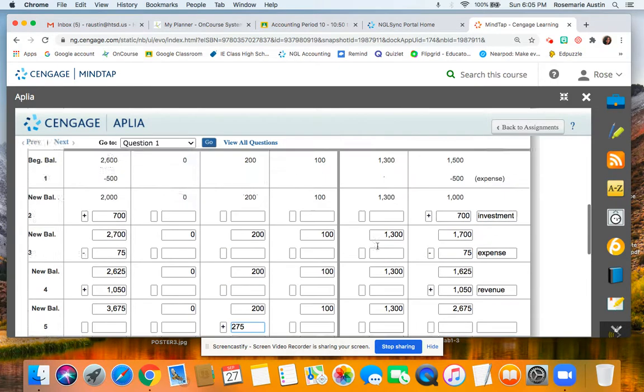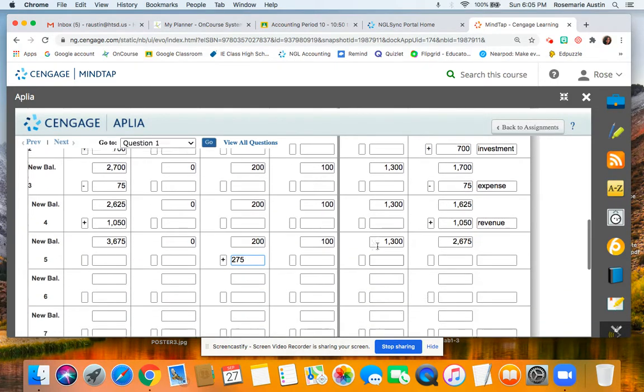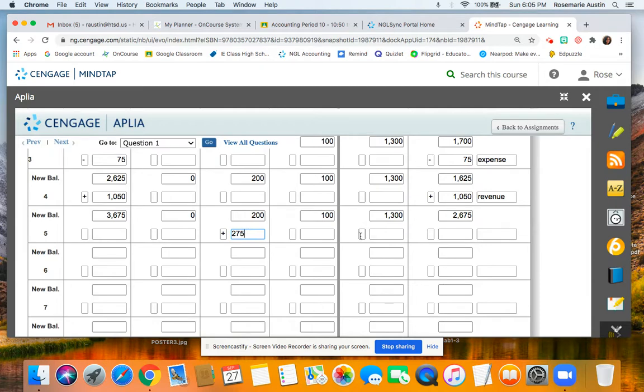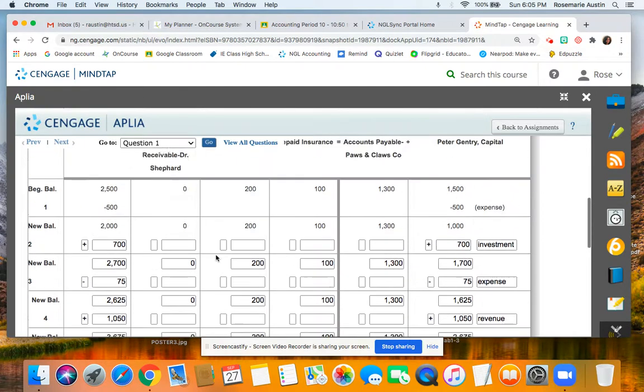And Paws and Claws, we already owe them 1,300, but guess what? We just bought some more from them, and we did not pay cash. We bought on account. So their balance is going to increase. We're going to owe them even more than we owe them. So cash was not affected, so we're going to just carry that down, 3675. This account receivable is not affected. Who is that account receivable?